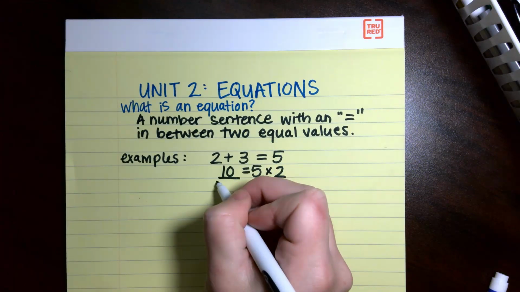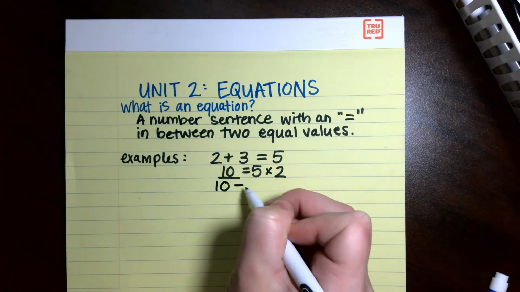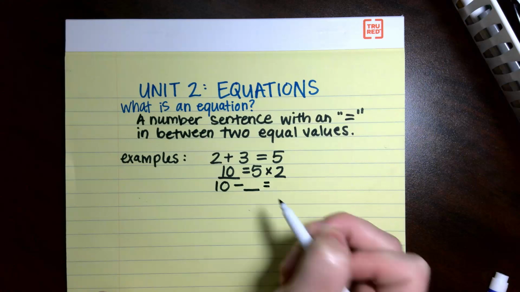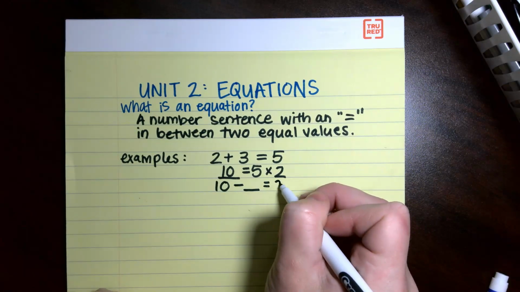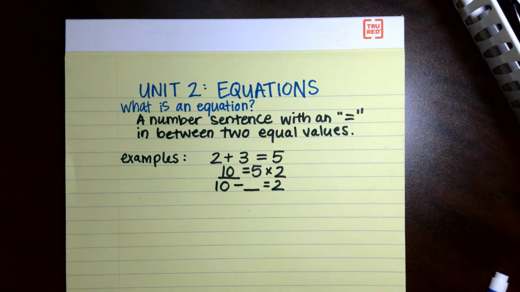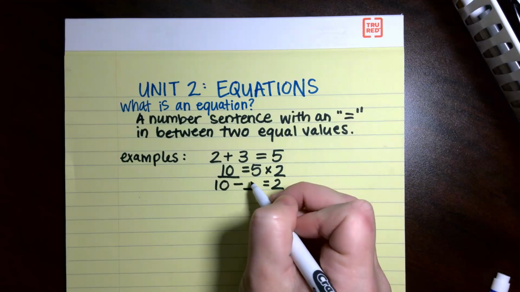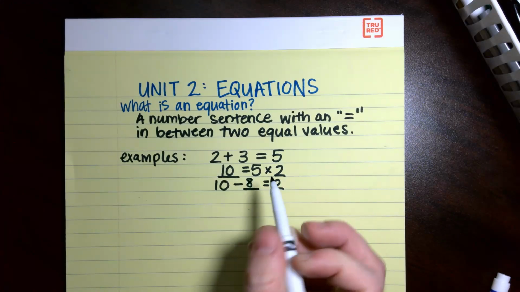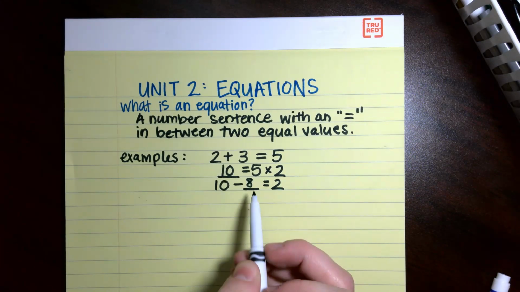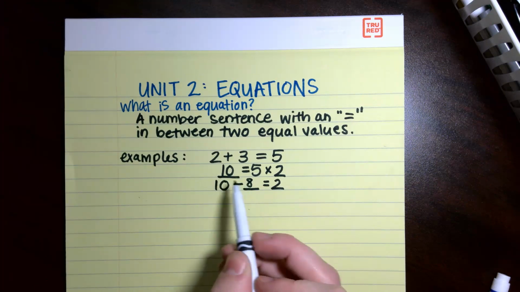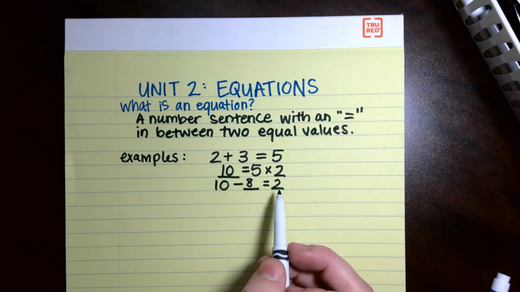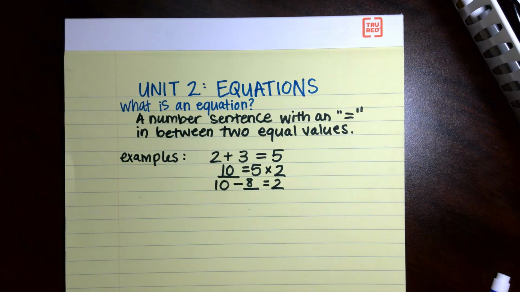What if I had 10 minus a number equals 2? What number would I put in there to make that a true equation? 8, exactly. If I take 8 away from 10, that problem is going to have the same value as 2. 10 minus 8 equals 2.